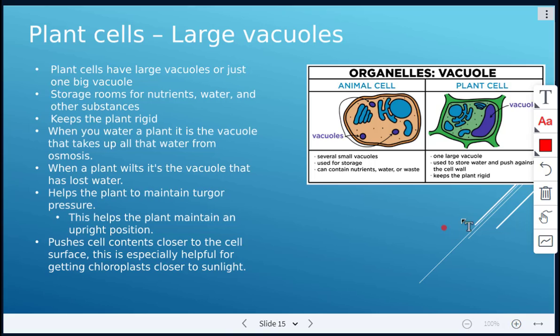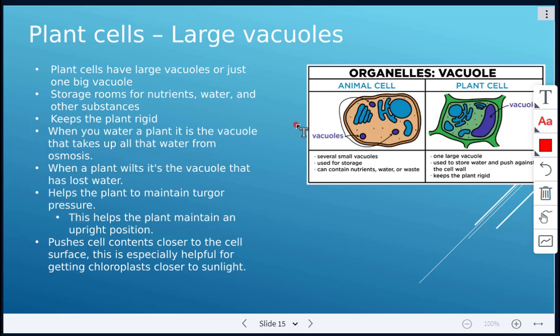All right, once it's filled, it pushes the cell contents closer to the cell surface here, and that's especially important for chloroplasts because it makes sure that the chloroplasts are getting closer to the edge of the cell, therefore closer to absorbing more sunlight.